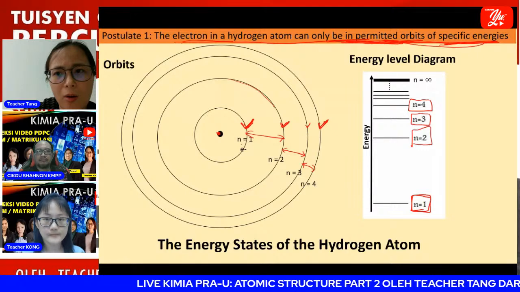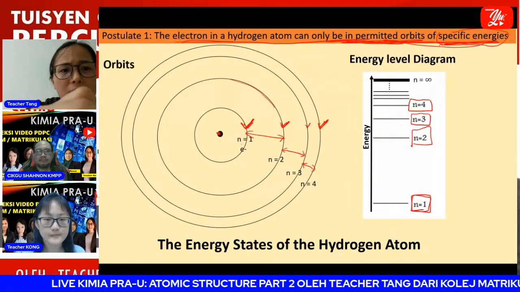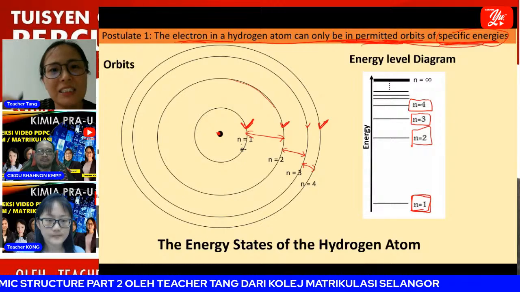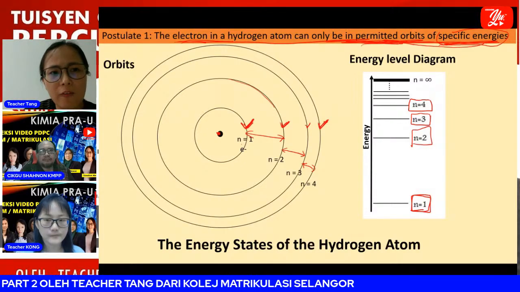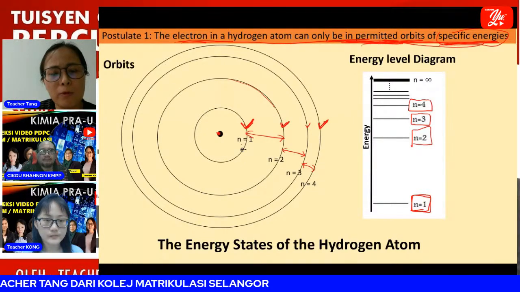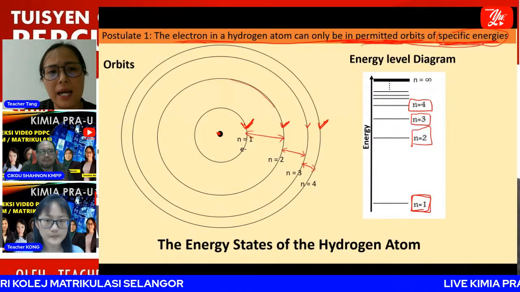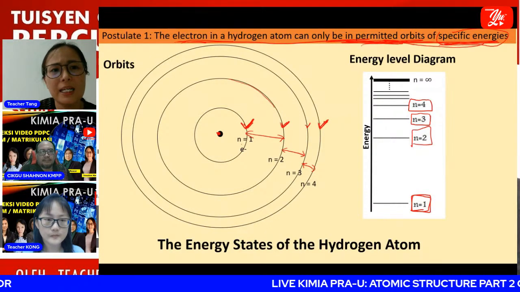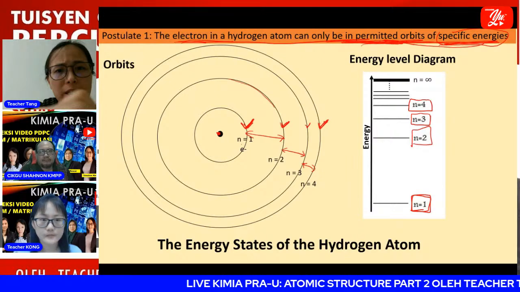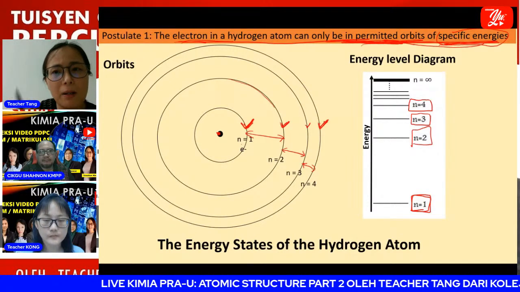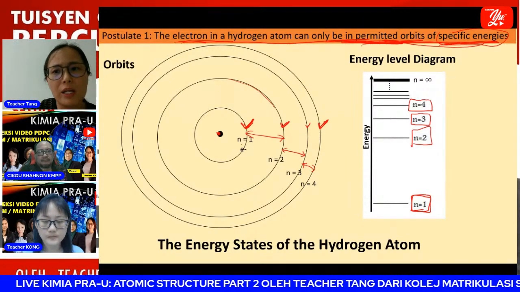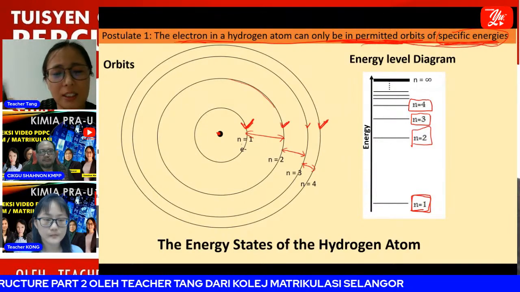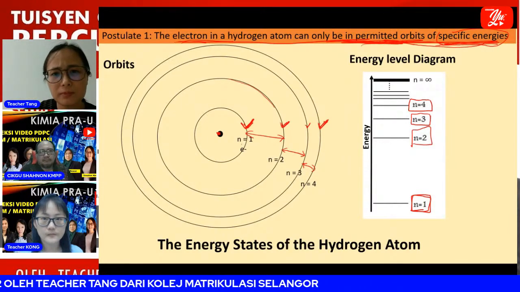Because the permitted orbit has specific energy, the electron in it also has specific energy. Therefore, some books say that the energy of the electron is quantized. It is because the electron can only be in the permitted orbit, and there it has specific energy because the orbit has a certain amount of energy.